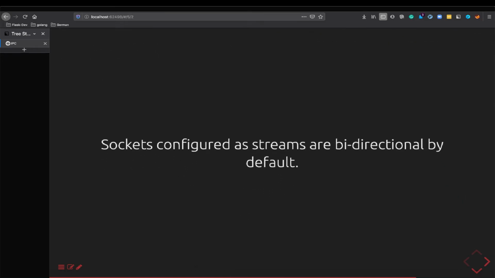Now, this is a statement that I want to make here, which I will talk about later. Sockets which are configured as streams are bidirectional by default. Only stream sockets can have bidirectional transfer of data.